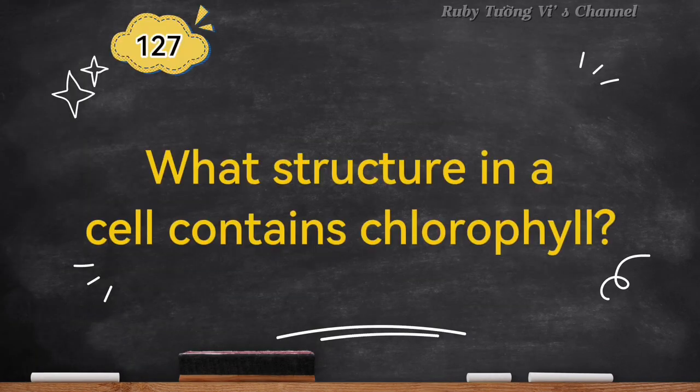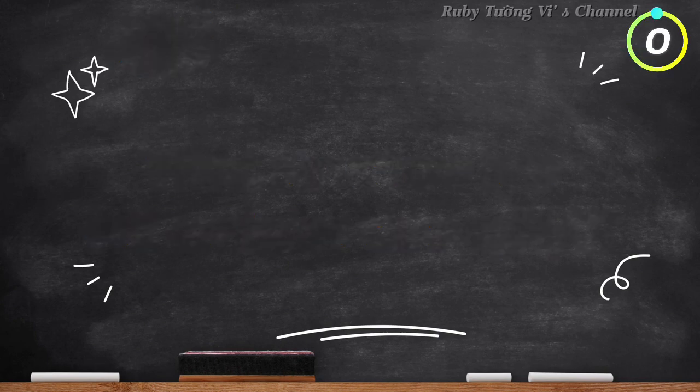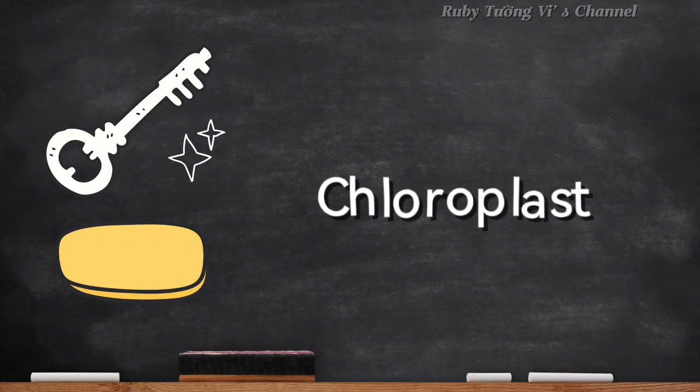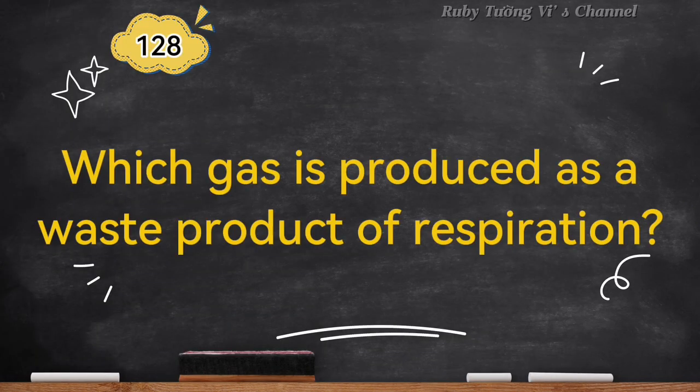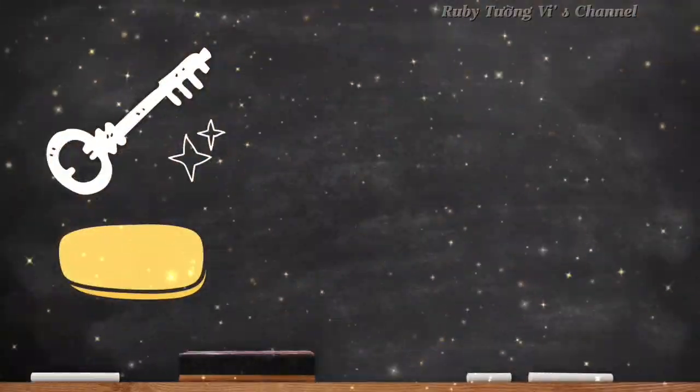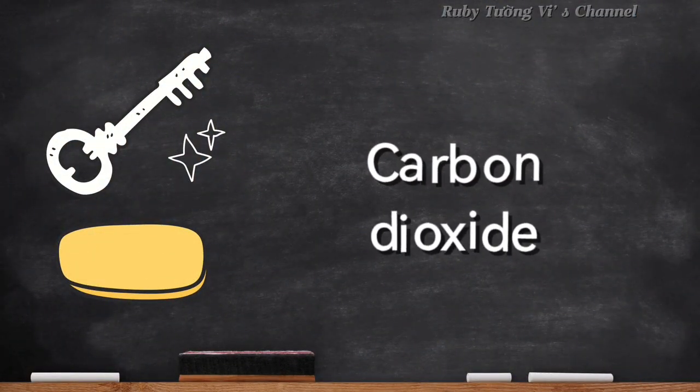What structure in a cell contains chlorophyll? Chloroplast. Which gas is produced as a waste product of respiration? Carbon dioxide.